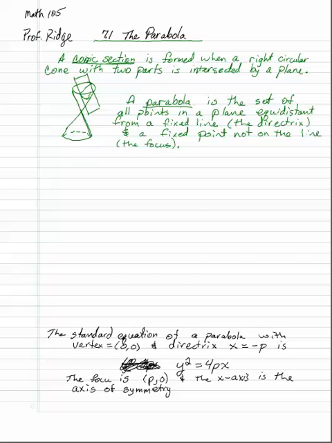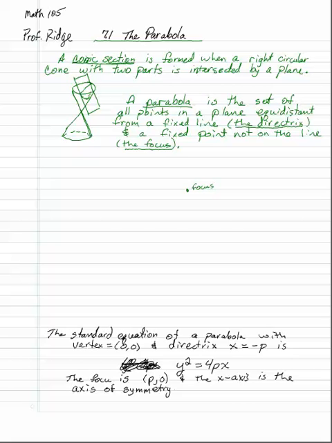Okay, a parabola is a set of all points in a plane equidistant from a fixed line, and we call that the directrix, and a fixed point that's not on the line, we call that point the focus. So the idea is we get a fixed point, which is going to be our focus.